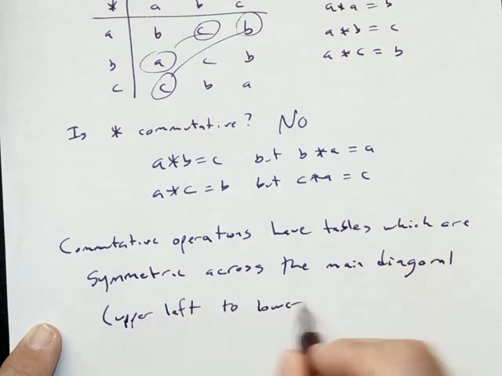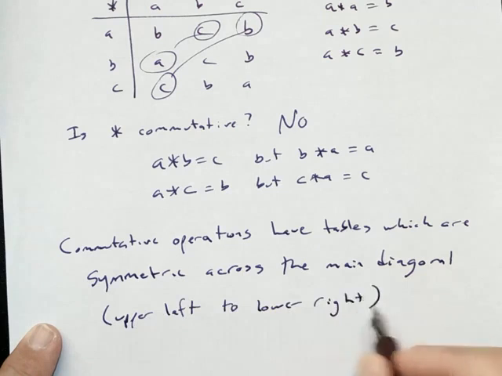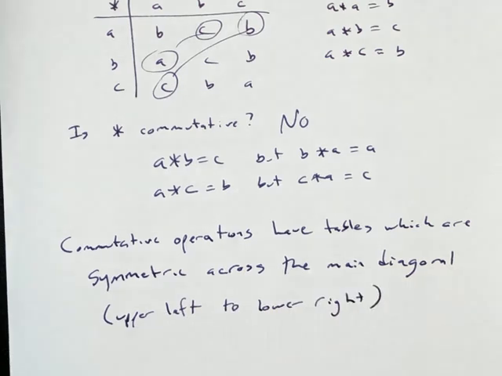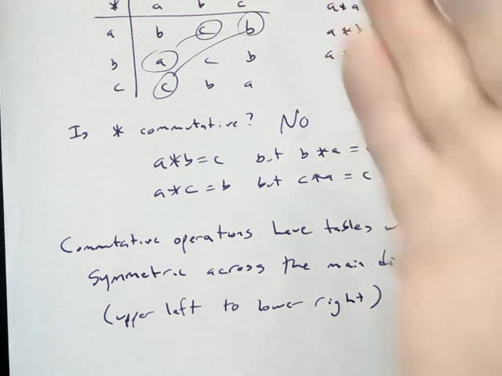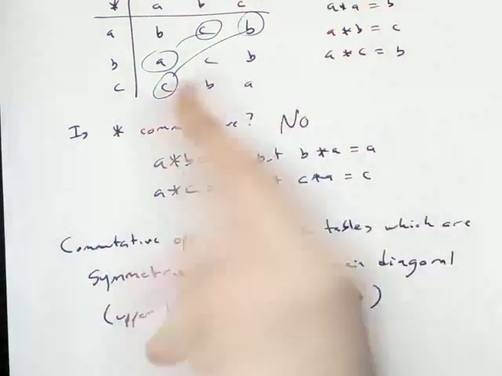Now that's the same main diagonal we used in matrices, upper left to lower right. And since your table has to be a square, you have the same number of rows as you do columns, because it's got to be S and S. That's a fairly easy comparison to do, flipping back and forth that way.